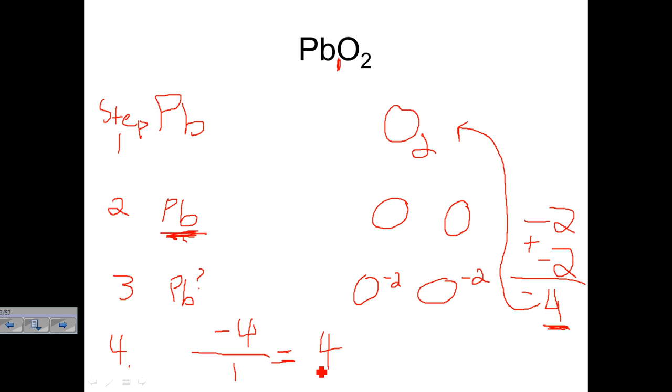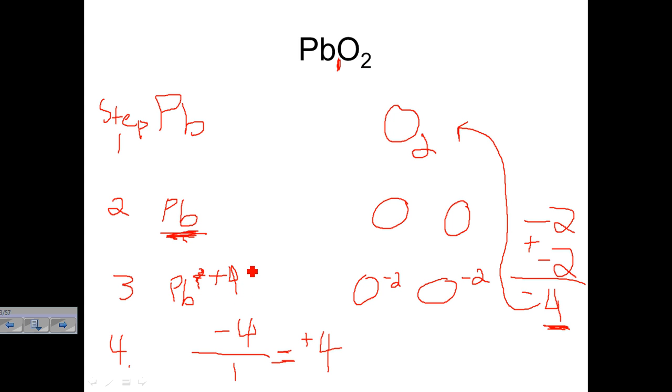Technically it's -4, but forget about the negative, and I'll tell you why. Metals are always positively charged, so it's actually a +4 here. It's equal and opposite to my negative anion. So I know my lead is a +4 now, not a question mark.